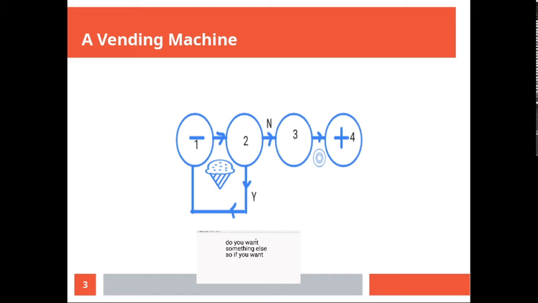If you want something else, you simply press a yes, and then you keep on ordering till you are done with your order, and then you say that I'm done, and you press a no, you make the payment, and then you quit. So I am representing this scenario in a state diagram.